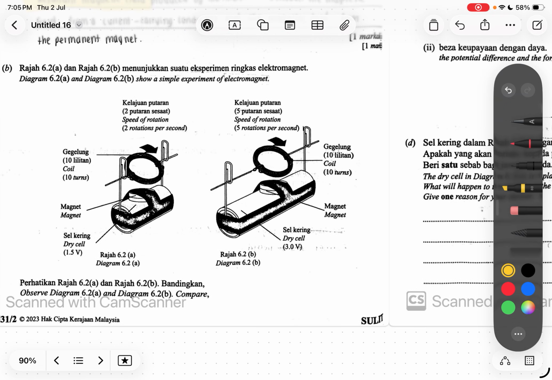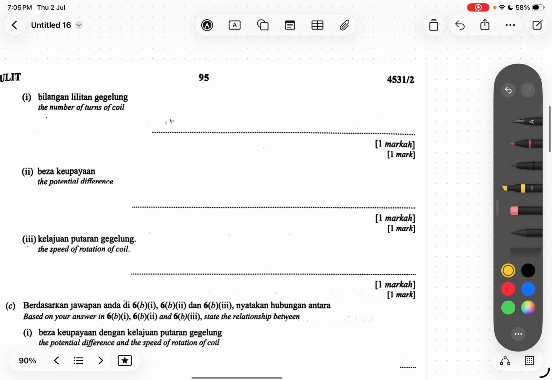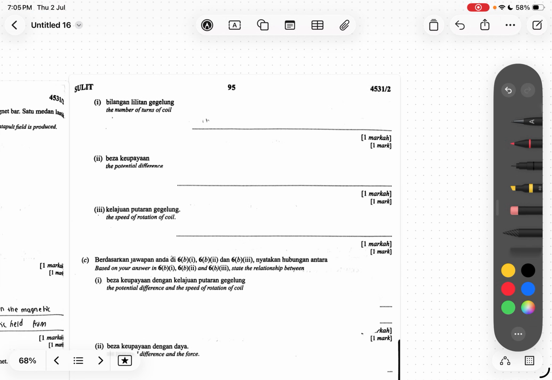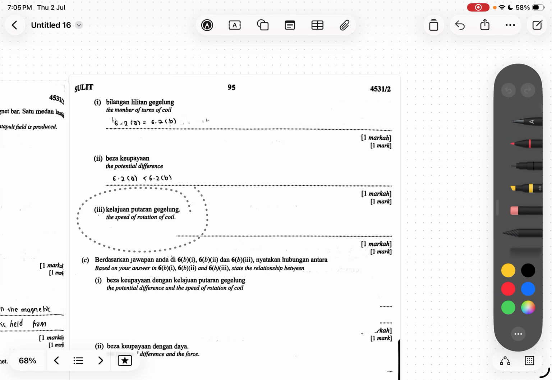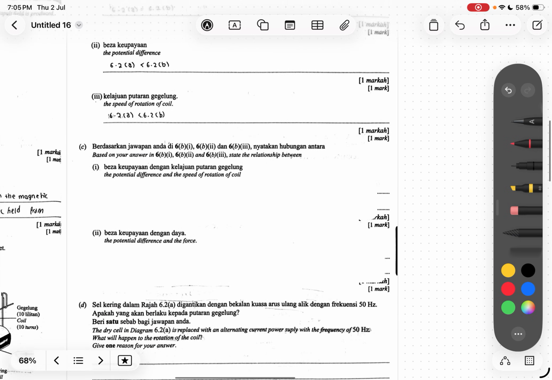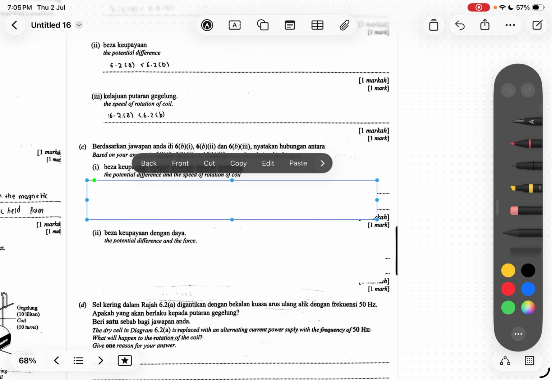Then this is just comparing, so you don't really need to know much. You can get that from the information given as well.